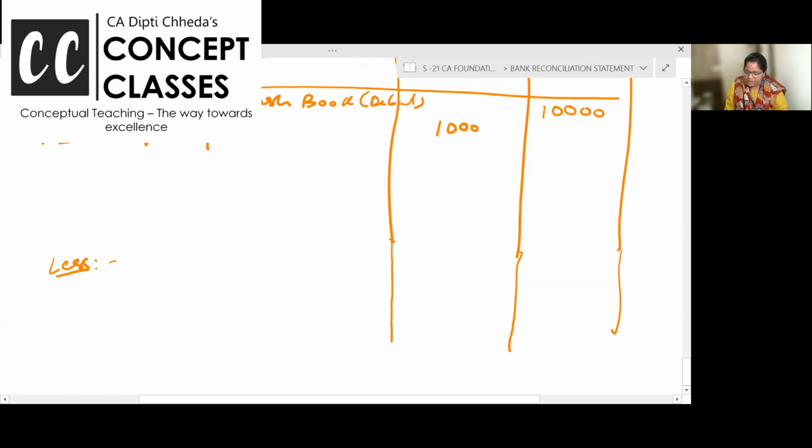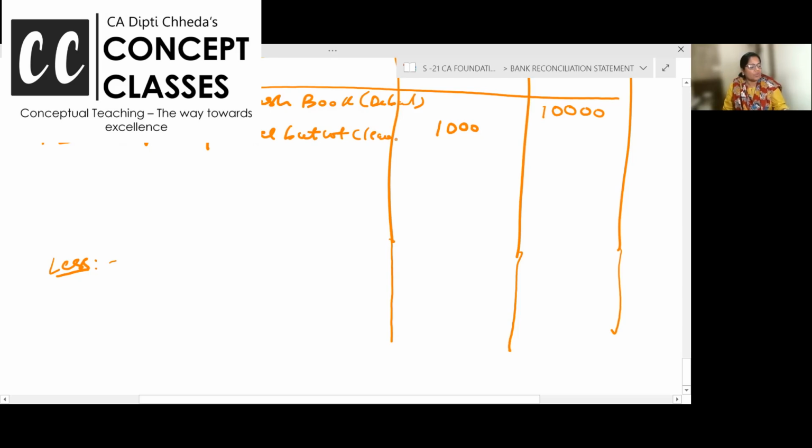Check deposited but not cleared. Cash deposit of 200 was recorded in the cash book as if there is no bank column. Okay.